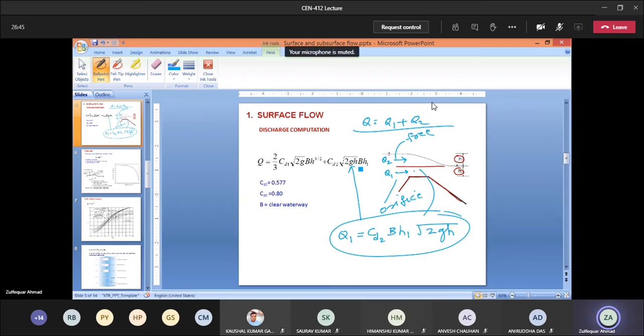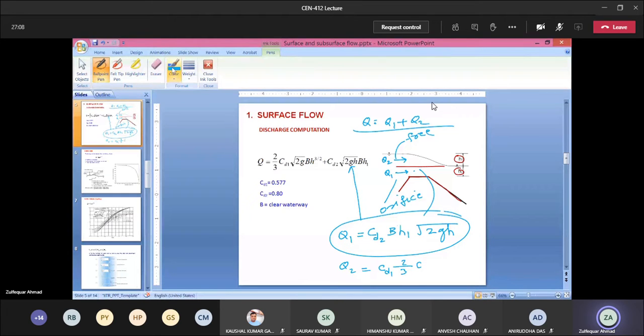So you can see. And now coming to the free flow. This is, of course, the weir equation. So this Q2 will be equal to, of course, we have to introduce a discharge coefficient, and 2 by 3. CD1 I have already written.